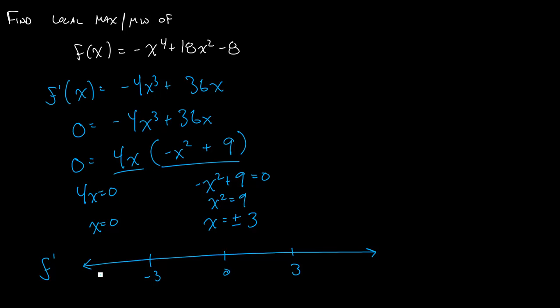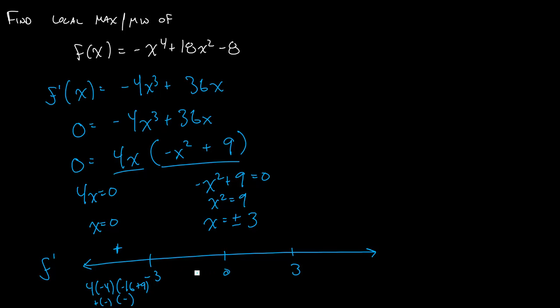What are we going to get? We'll get 4 times negative 4. And then if I plug in negative 4 here, I'll get negative 16 plus 9. It doesn't actually matter what this number is. I have a positive times a negative times a negative. And so this whole thing will be positive.